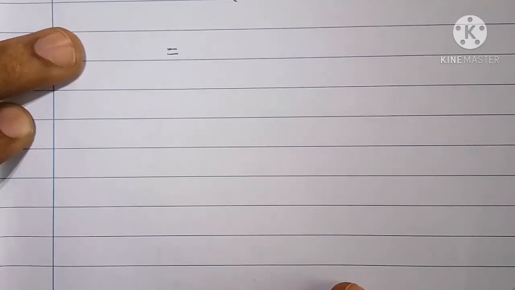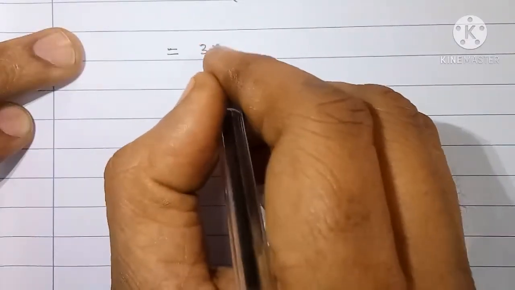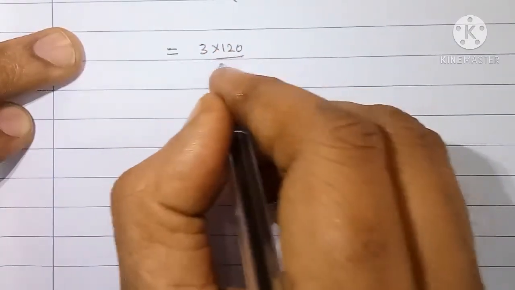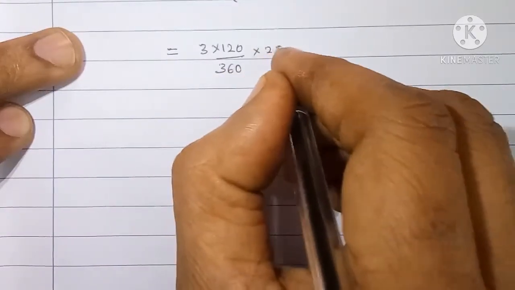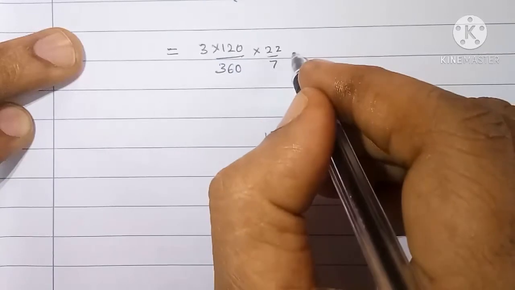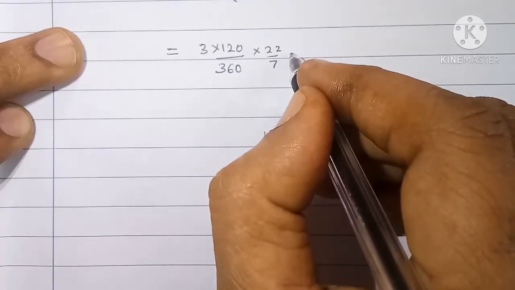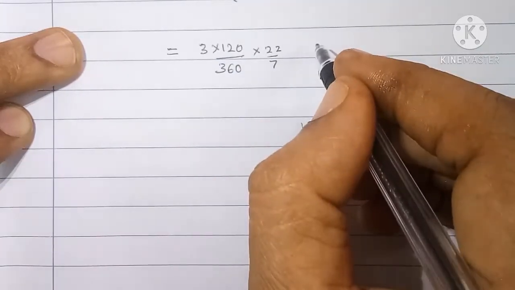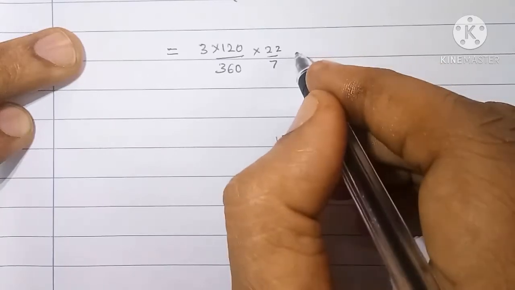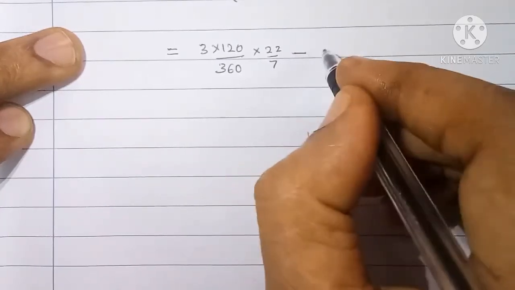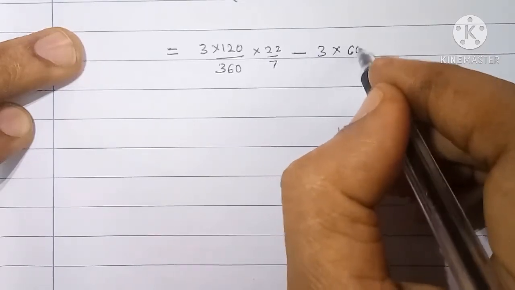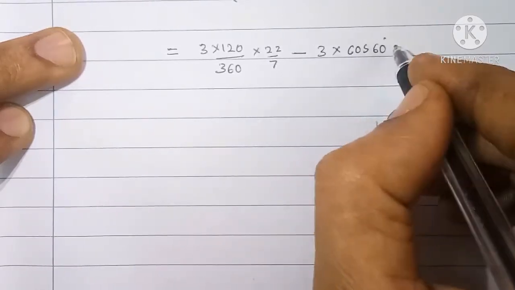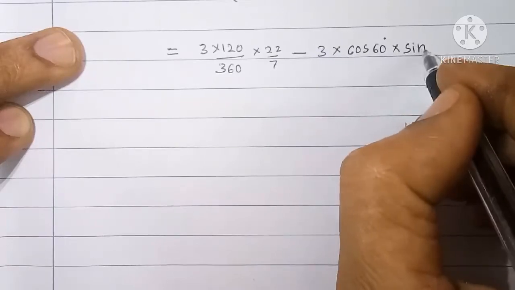Now I will take 3 inside the bracket and simplify. 3 into 120 divided by 360 into 22 by 7. Also I will take 32 square outside the bracket, minus 3 into cos 60 into sin 60.